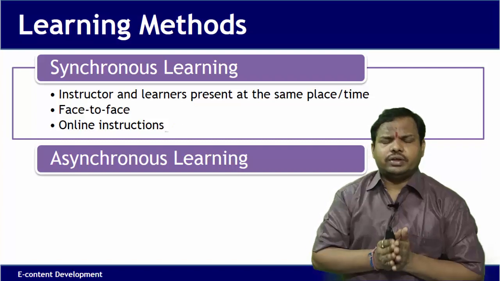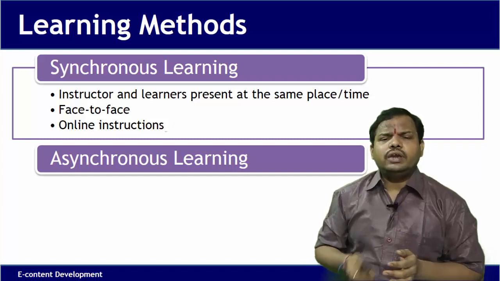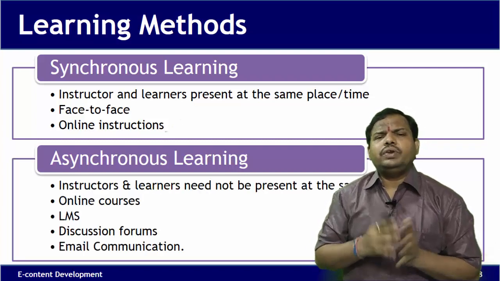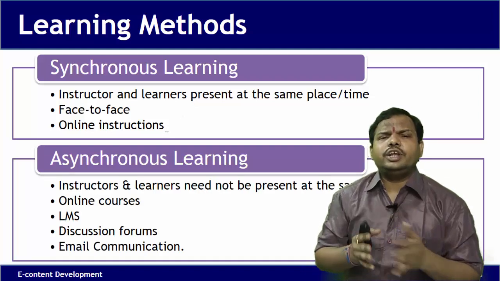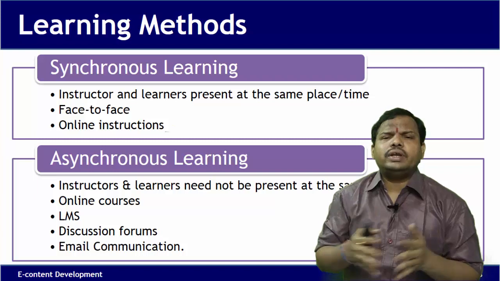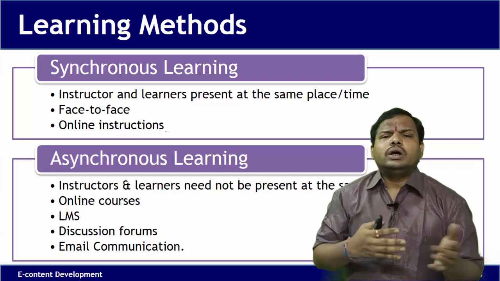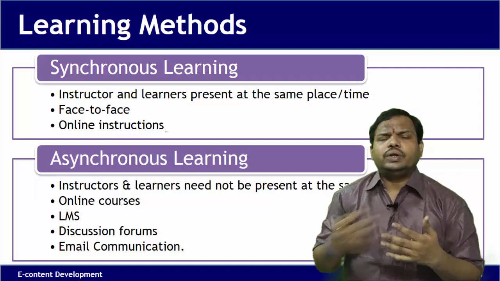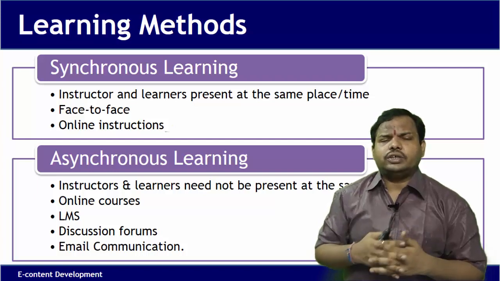The second mode of learning is asynchronous learning. Here the instructor and the learners need not be there at the same time. They need not be present at the same time for taking the lectures or the instructions.